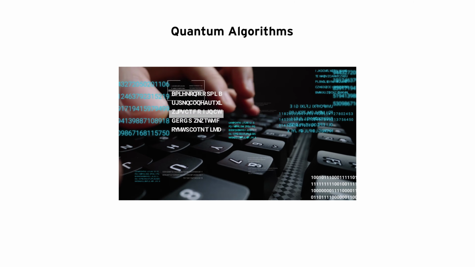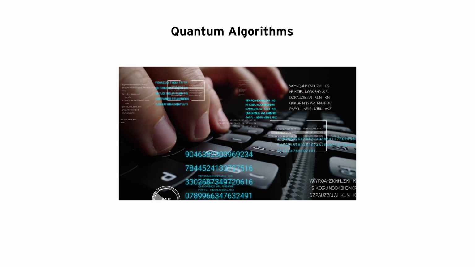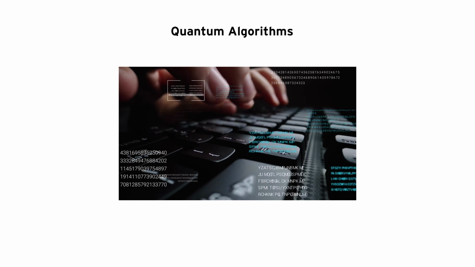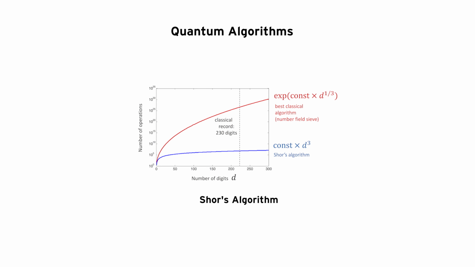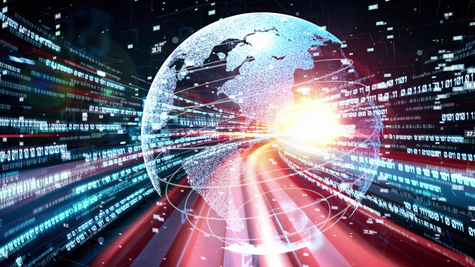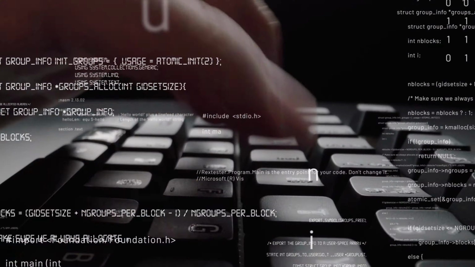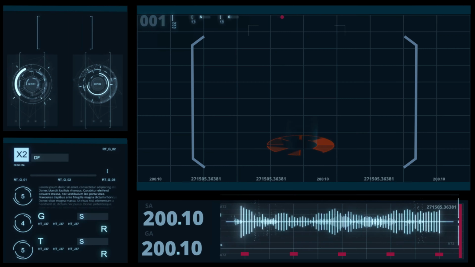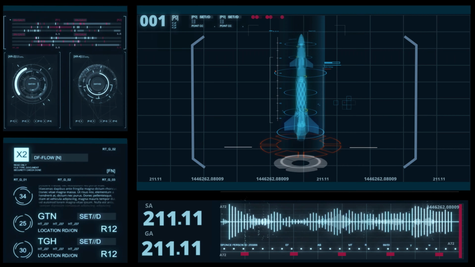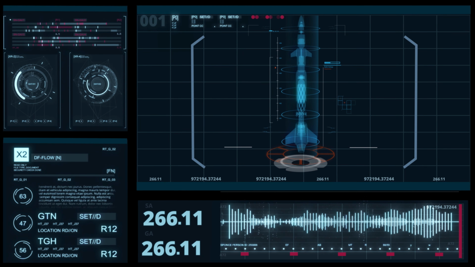Quantum algorithms, on the other hand, are the instructions that guide the quantum gates to perform a specific task. One such algorithm is Shor's algorithm, which can factorize large numbers exponentially faster than classical algorithms. To put this into perspective, imagine a classical computer trying to find the factors of a number with 100 digits. It would take millions of years to solve this problem, while a quantum computer with Shor's algorithm could solve it in a matter of minutes.